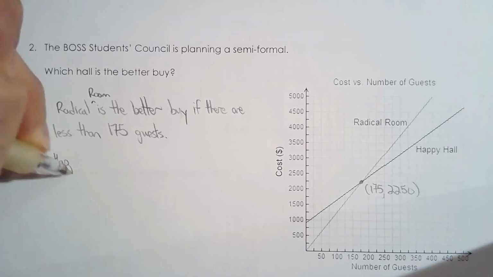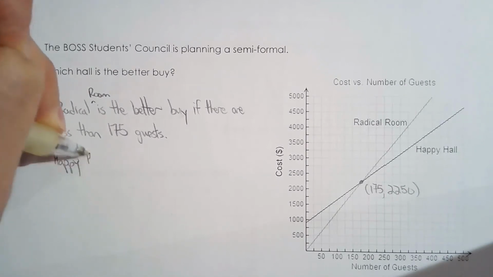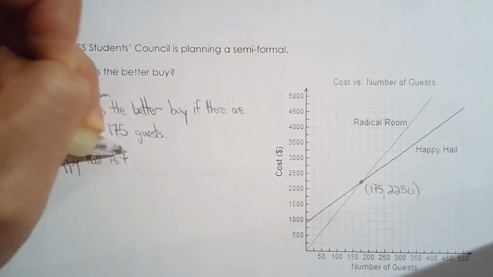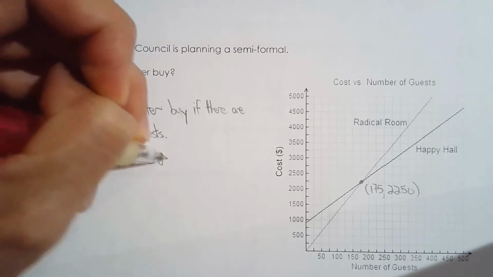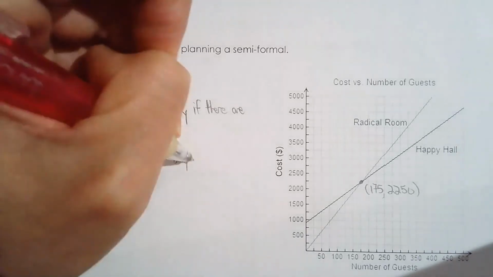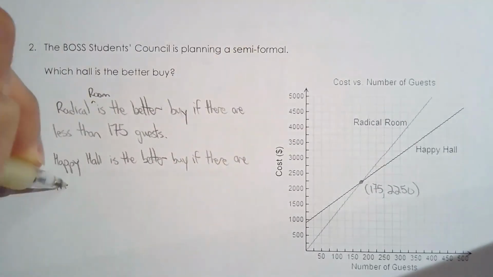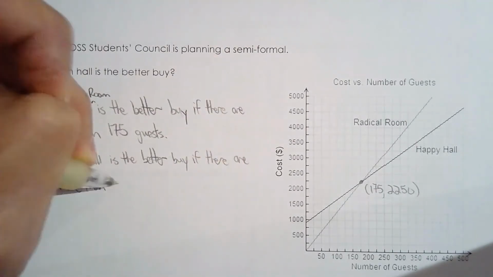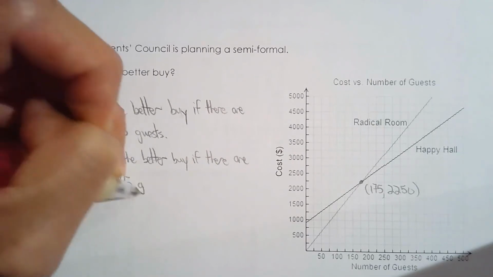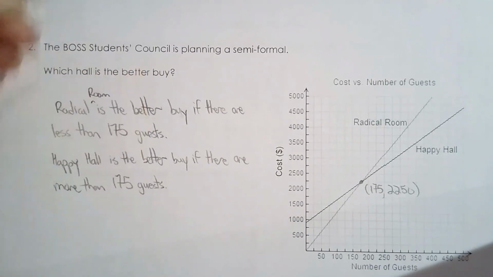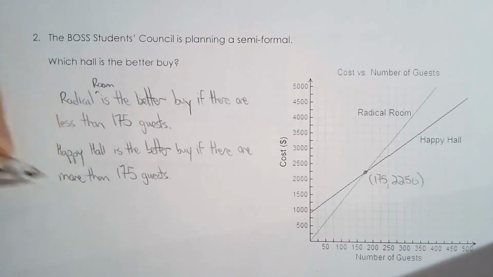Happy Hall is the better buy if there are more than 175 guests, and at 175 they're the same value.